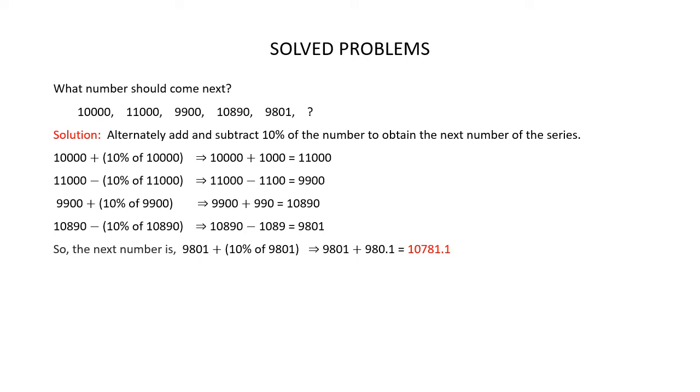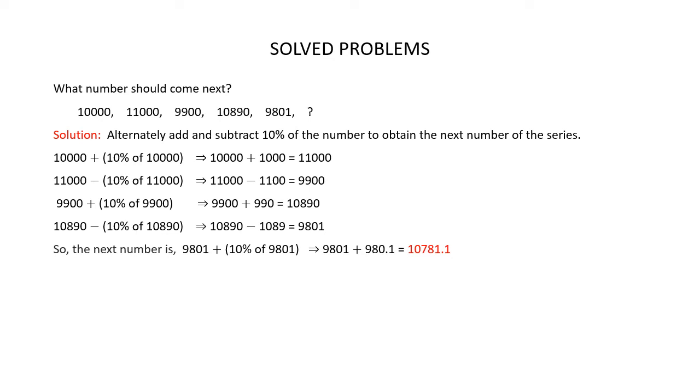That is the pattern. You have to add 10% of the number to get the next number, and then you have to subtract 10% of the number to get the next number of the series. So you get 10,000 plus 10% of 10,000, which is 1,000.